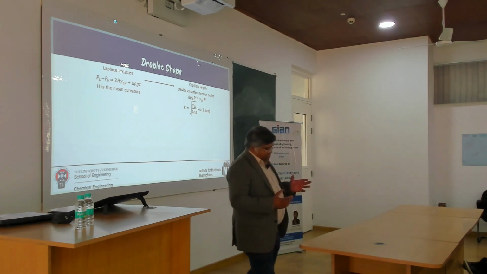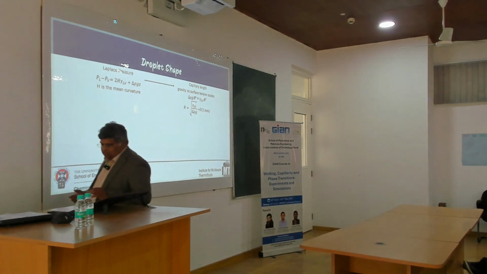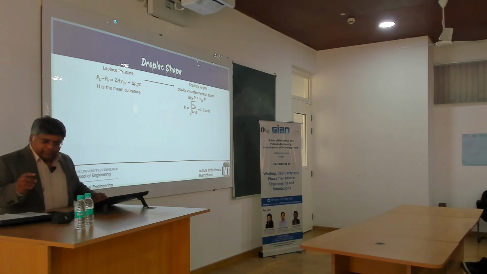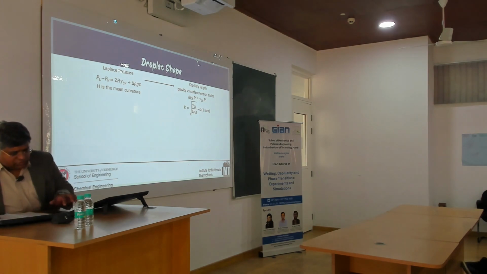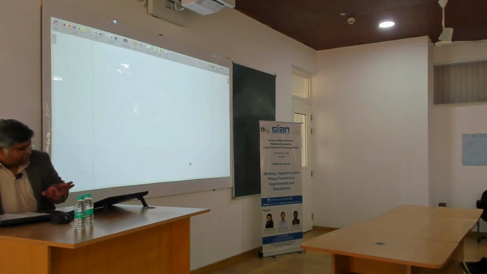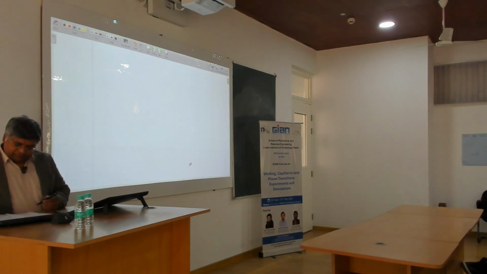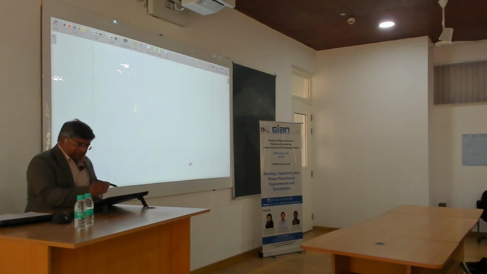And one of the questions we always have is, what is the height of such a droplet? So I'm going to shift to the tab. Okay. So basically, the case we are looking at is a puddle.